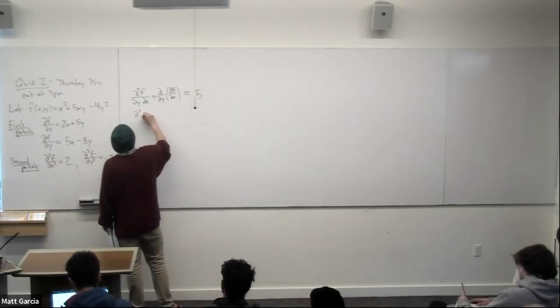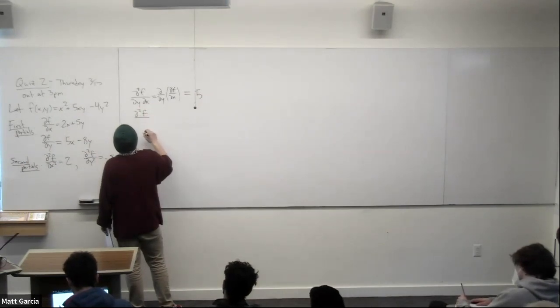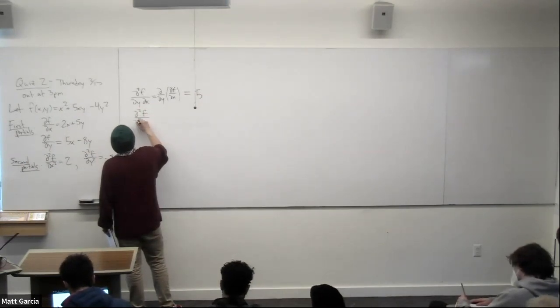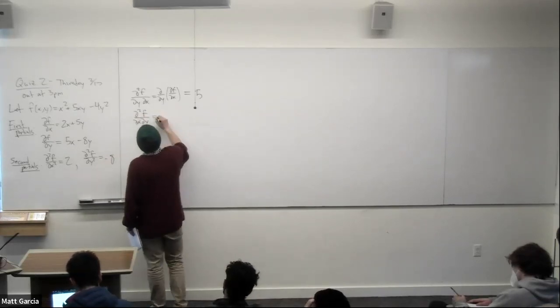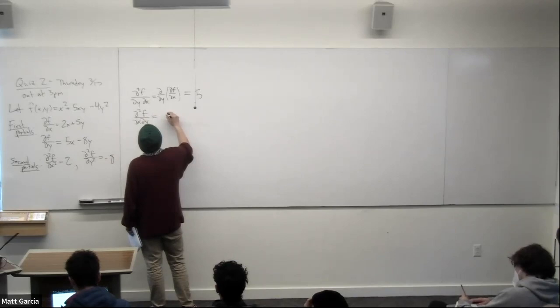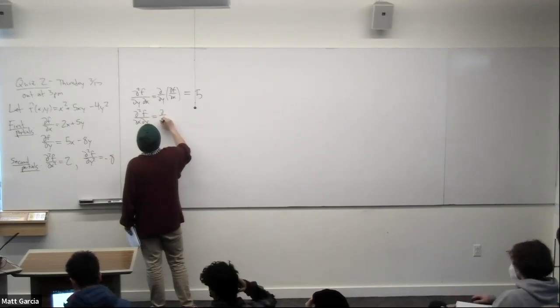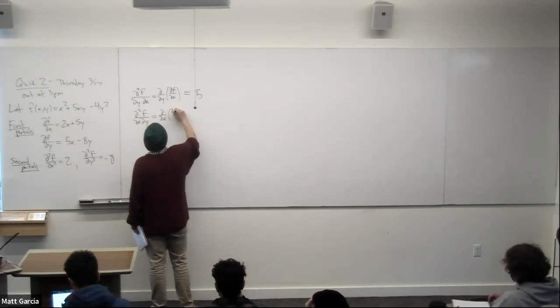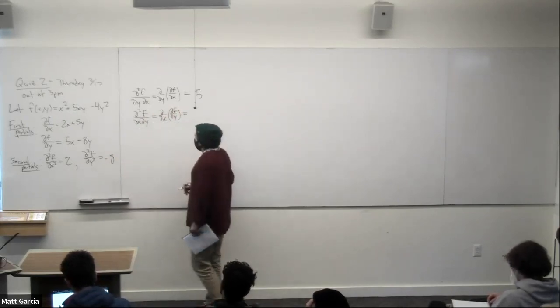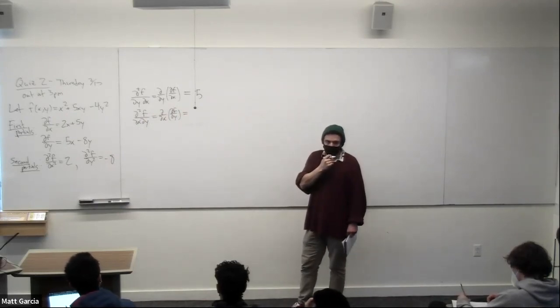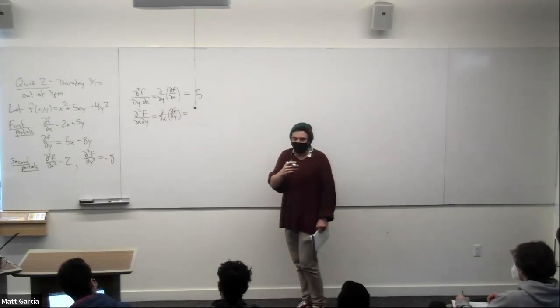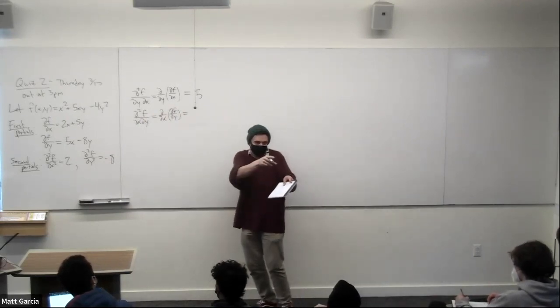Similarly, I could take the second partial derivative of f first with respect to y, and then take the derivative of the first partial with respect to x. What does this result in? Were you going to say 5 as well?